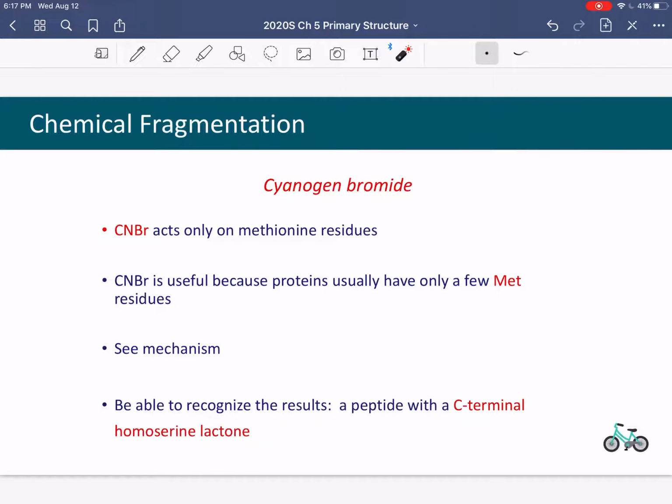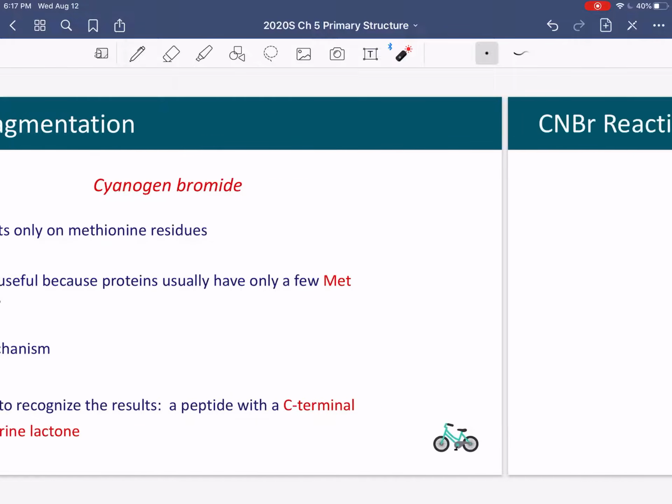It's useful because methionines are not very abundant in most proteins, and so you don't get a lot of different products. We will look at the reaction with cyanogen bromide and its 2 products, a peptide with a C-terminal homoserine lactone where the methionine used to be, and the rest of the amino acid sequence after the methionine.